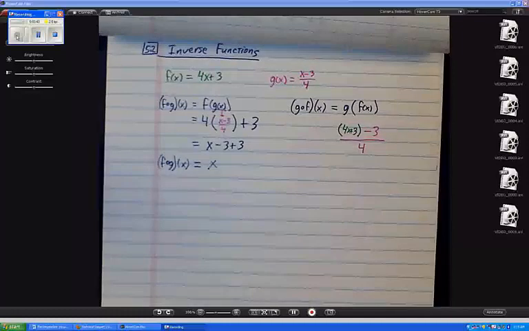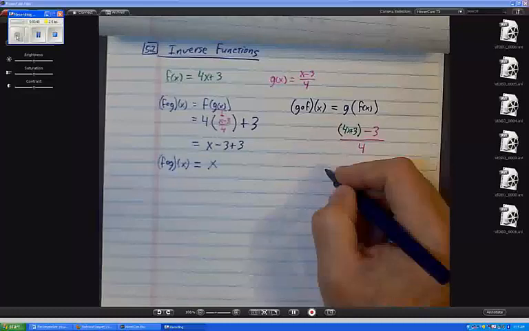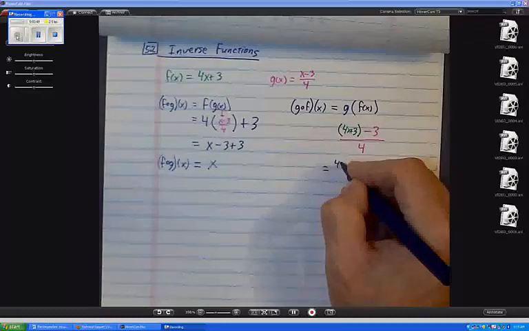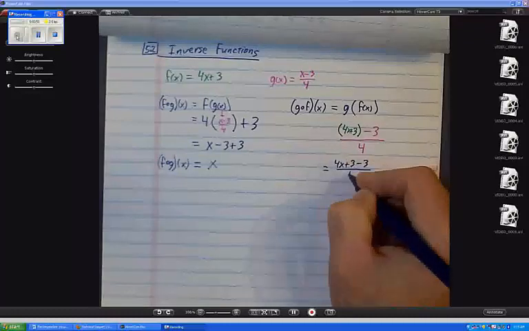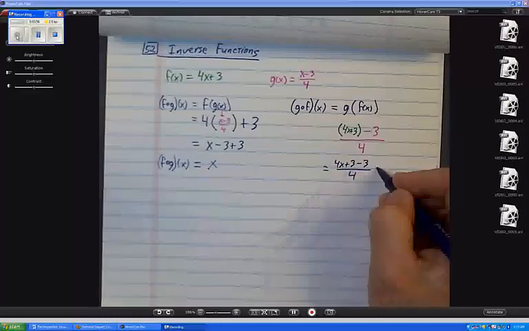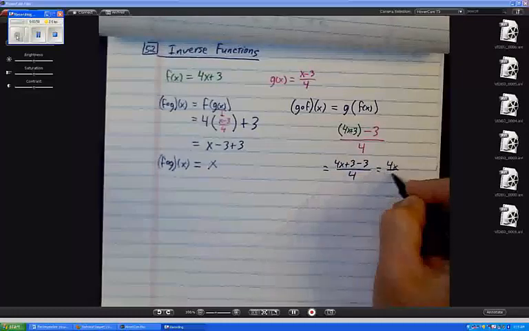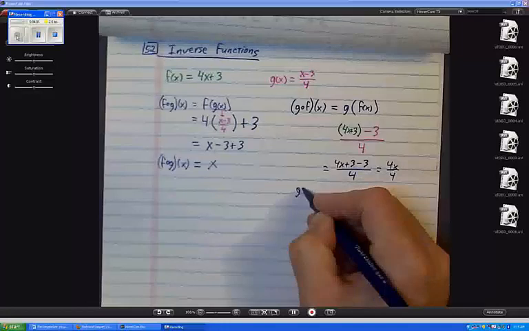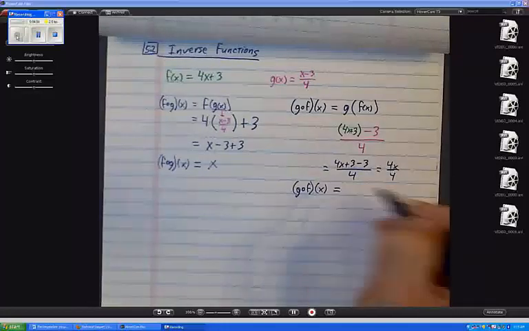And so now, if I were going to simplify, my next step is I'd take the parentheses away. They don't need to be there. And then what happens? Well, those 3's are gone, so I get 4x over 4. And so I get that g composed with f of x is what?